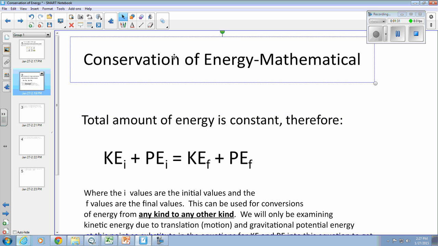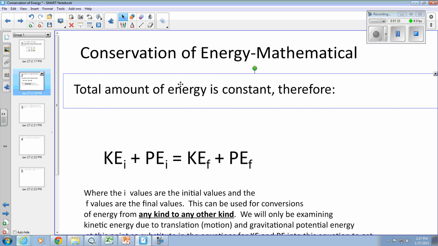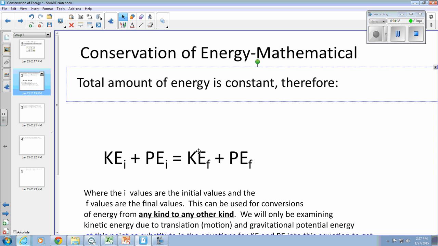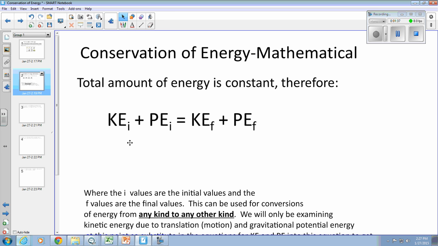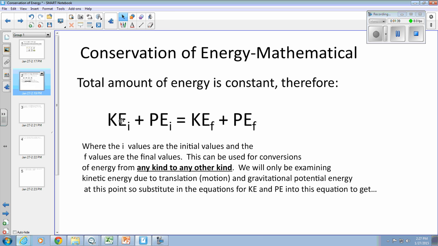Mathematically, what this looks like is the conservation of energy being constant. You have kinetic energy initial plus potential energy initial equals kinetic energy final plus potential energy final.